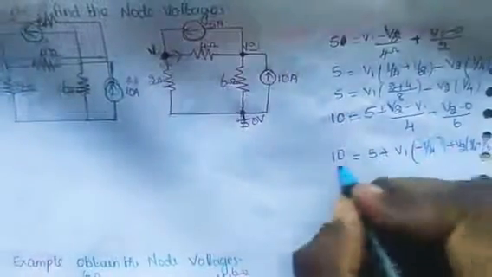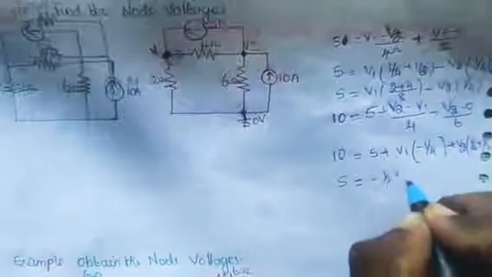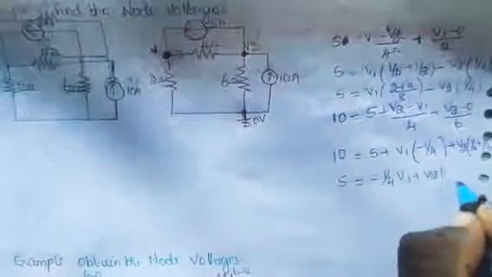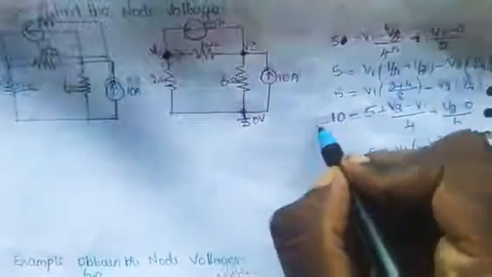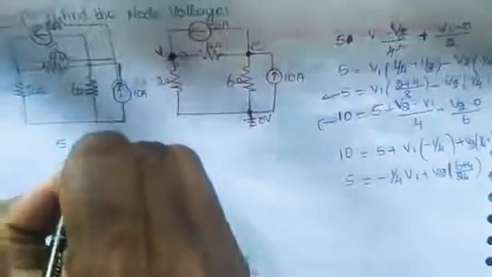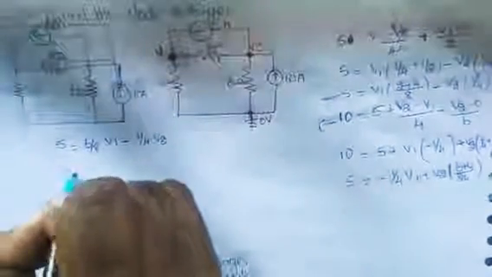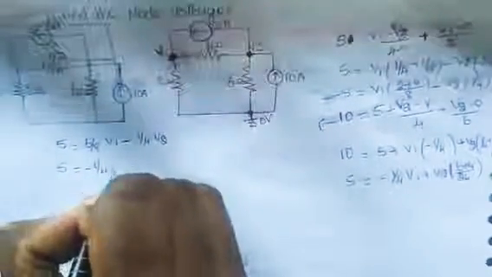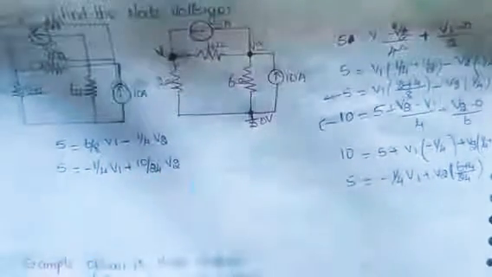In this equation, 10 minus 5 is equal to 5, which is equal to minus 1 by 4 V1 plus V2 into (6 plus 4) by 24. So this equation can be written as 5 equal to 6 by 8 V1 minus 1 by 4 V2. Similarly, this can be written as 5 is equal to minus 1 by 4 V1 plus 10 by 24 V2.